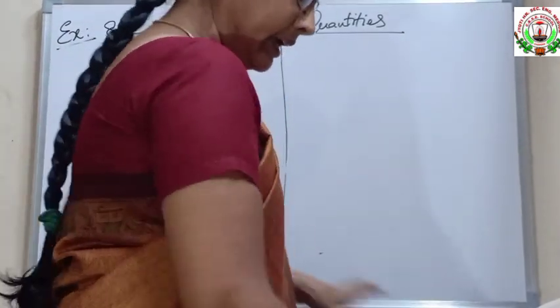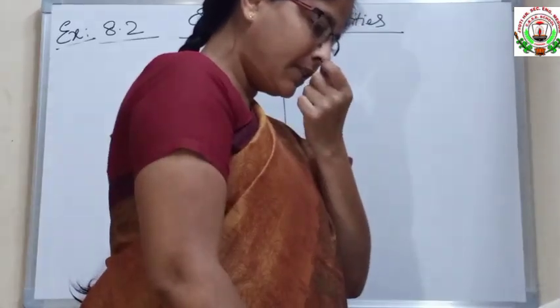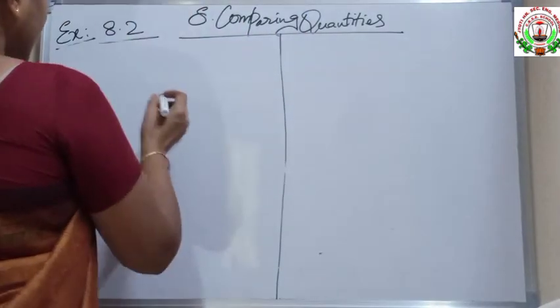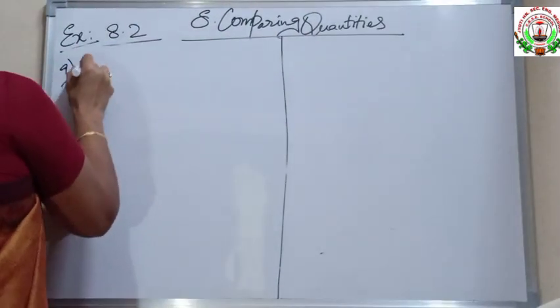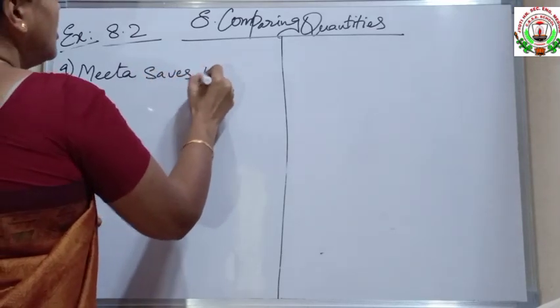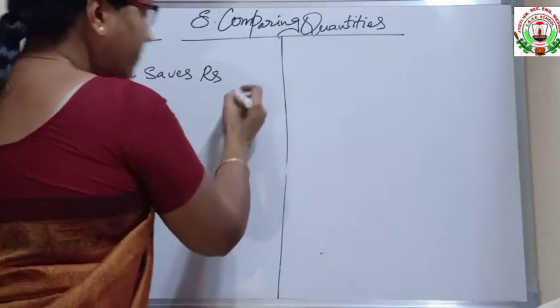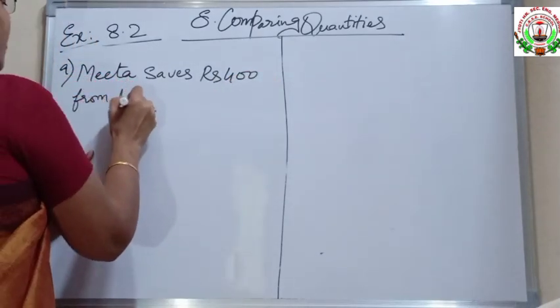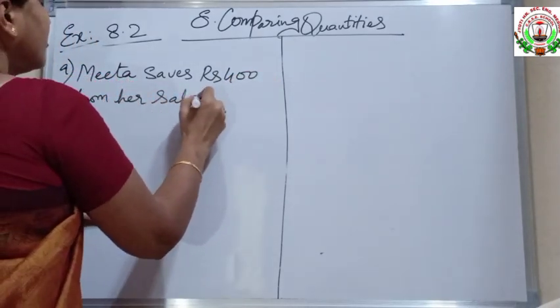See the 9th one, they have given Mita saves rupees 400 from her salary. Let us write what they have given. 9th one, Mita saves rupees 400 from her salary.